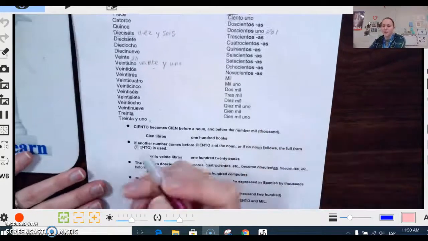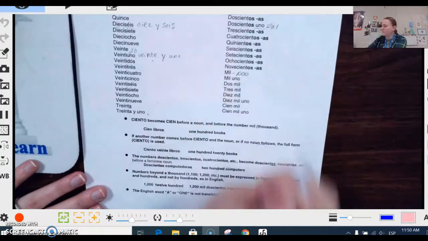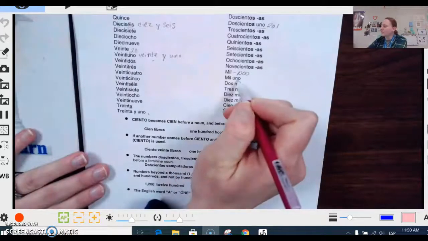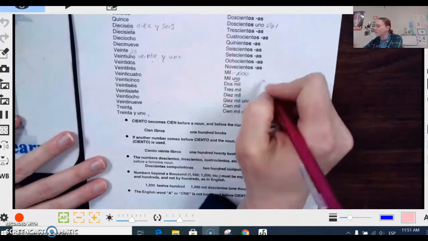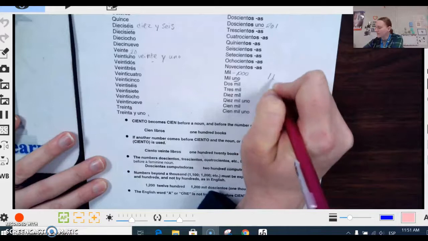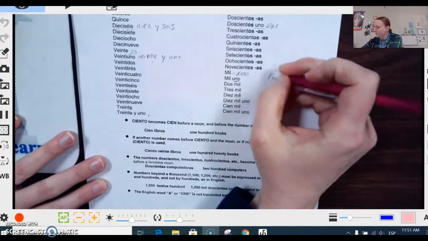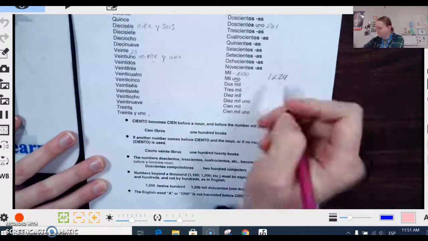So then we get up to 1,000, which is mil. Okay, so just like milliliter, millimeter, all that has to do with 1,000. And again, whenever we start counting up higher, we're not going to have anything connecting. So 1,100 would be mil cien. Let's pick a different number. 1,224.